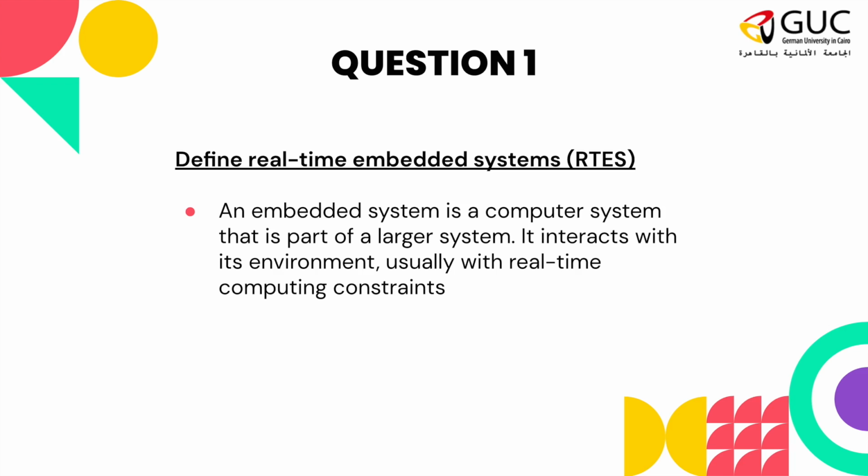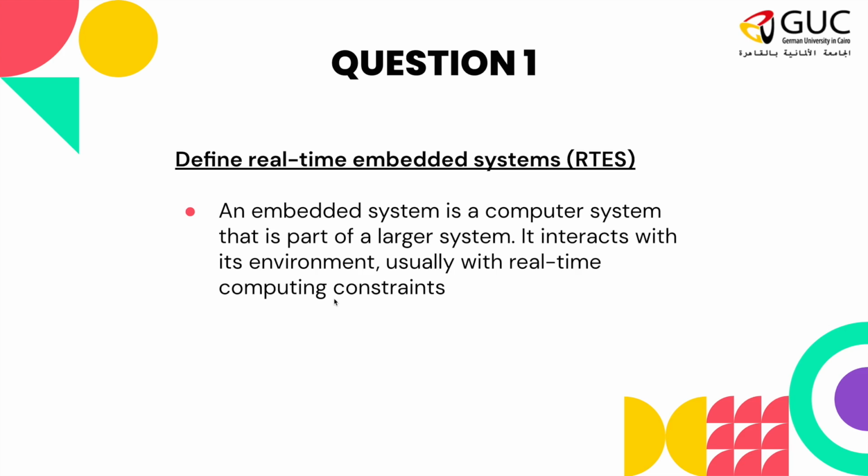So, sensors for inputting data and actuators for outputting data. An embedded system interacts with its environment, usually using sensors for input and actuators for output, usually with real-time computing constraints.